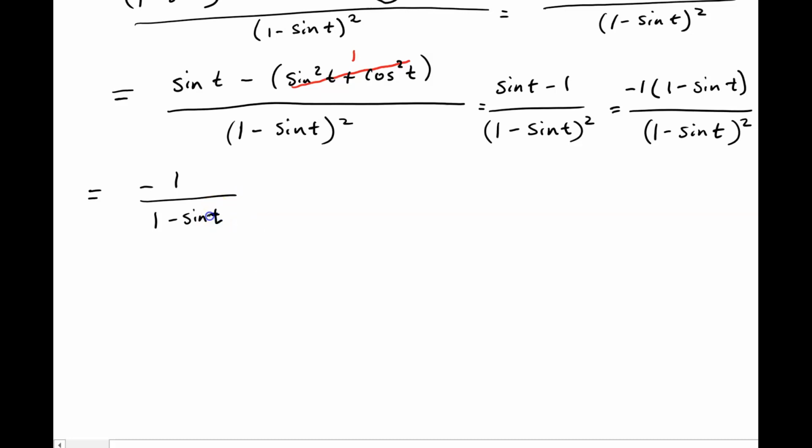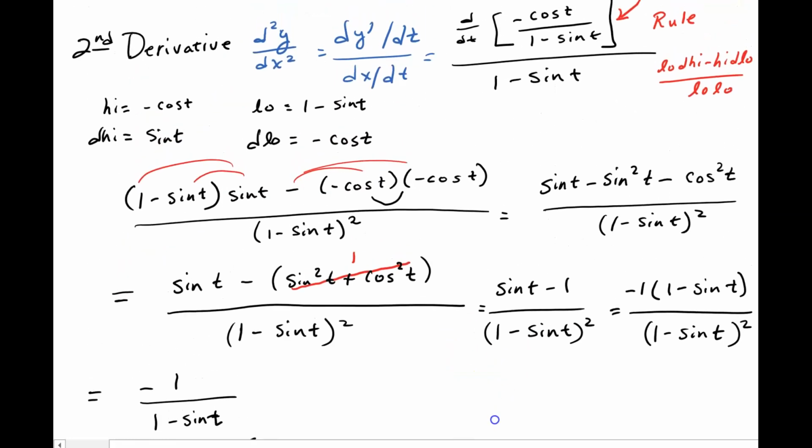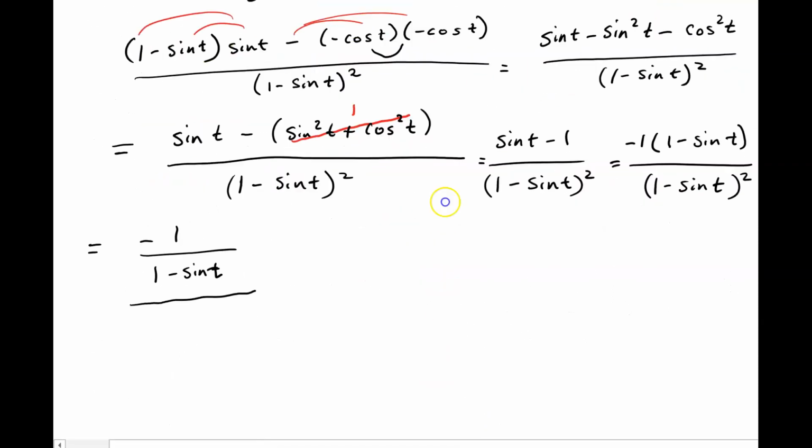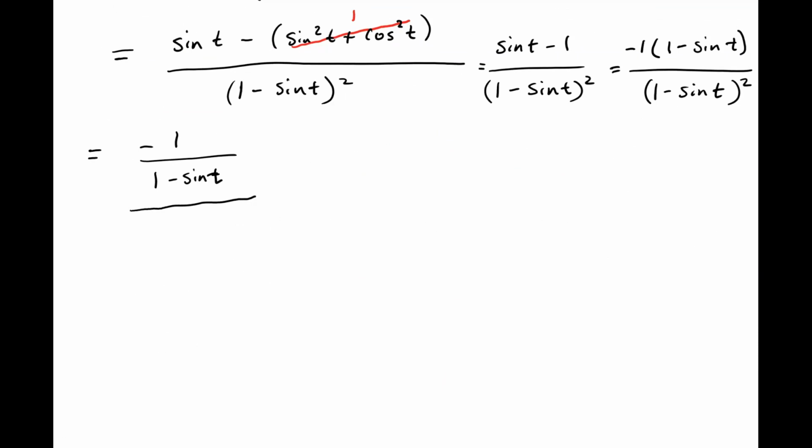Now remember that we have to take this and divide it by the dx dt. So let's go back over here. What was our dx dt? Well, that was the 1 minus the sine t. So it's going to be divided by another 1 minus the sine t. I'm starting to play this out in my head again, and this is exactly what I was visualizing. But remember, KFC: keep, flip, change.